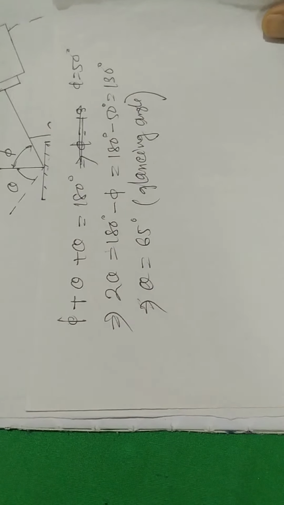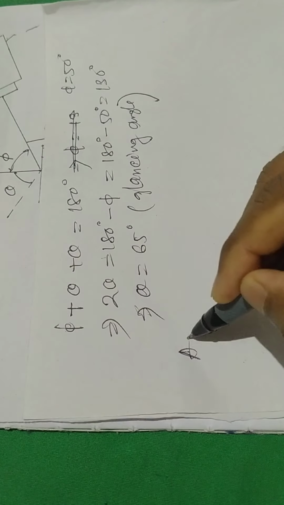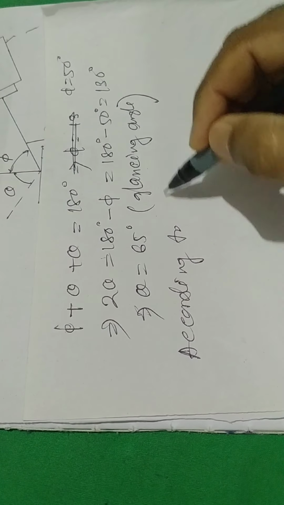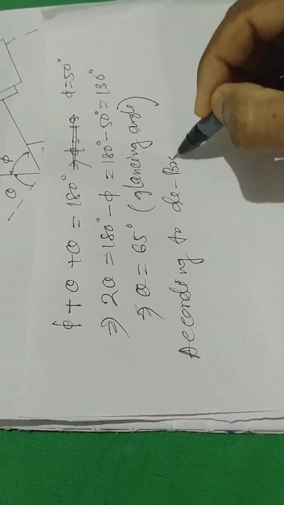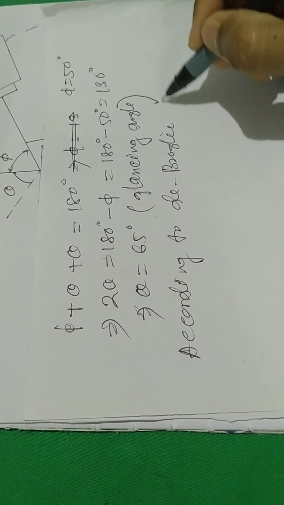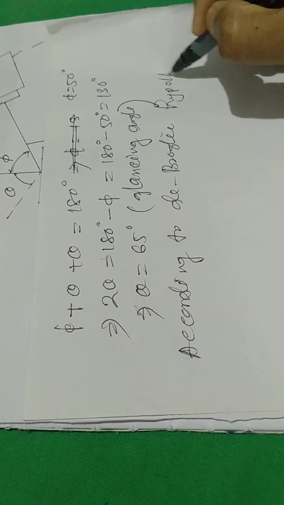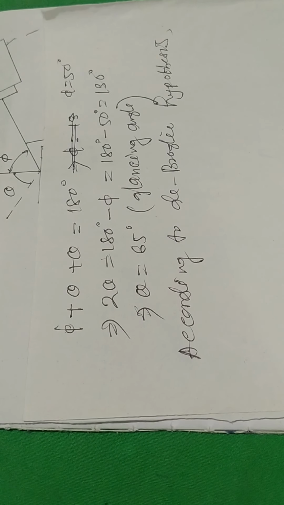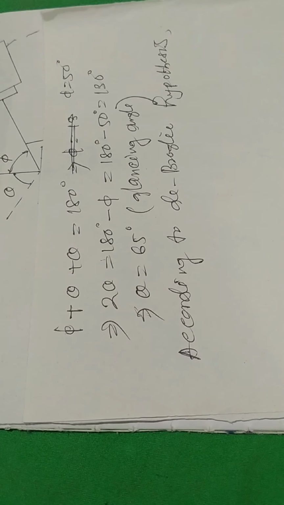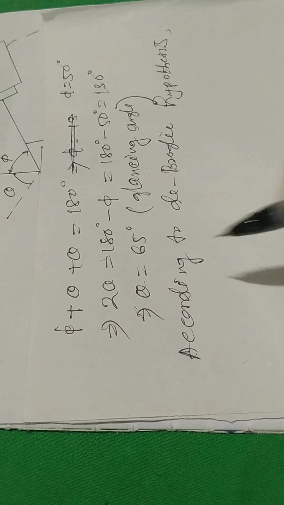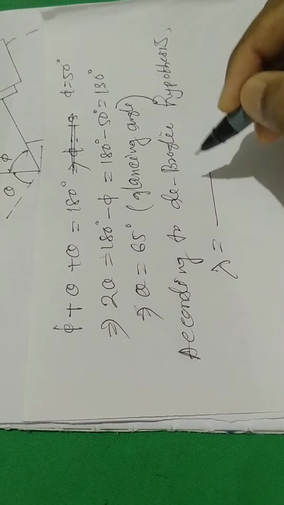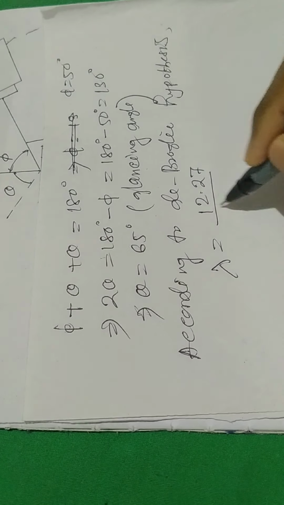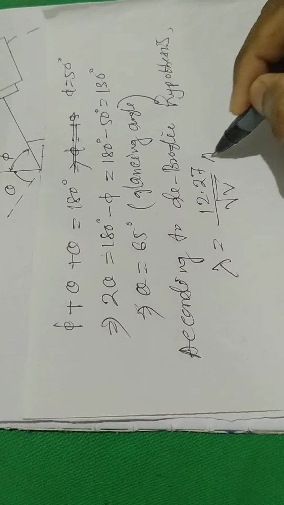According to the de Broglie hypothesis, the wavelength of an electron accelerated through a potential V is given by lambda equals 12.27 over the square root of V angstrom.